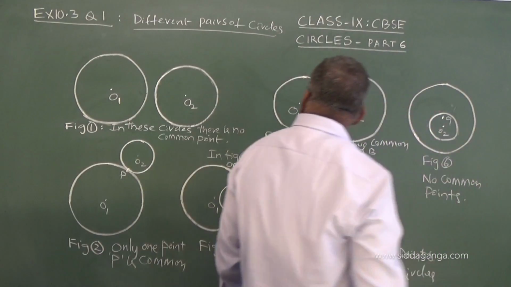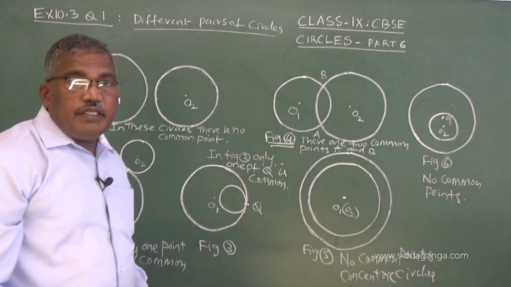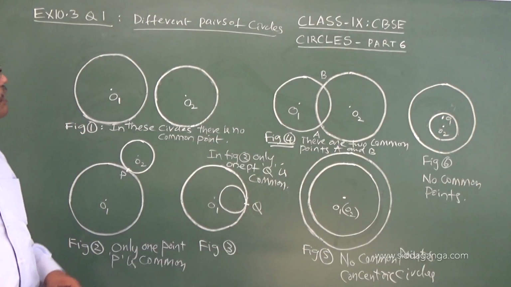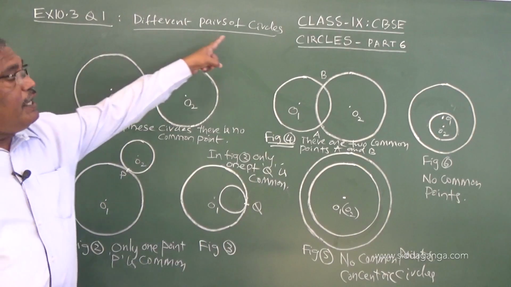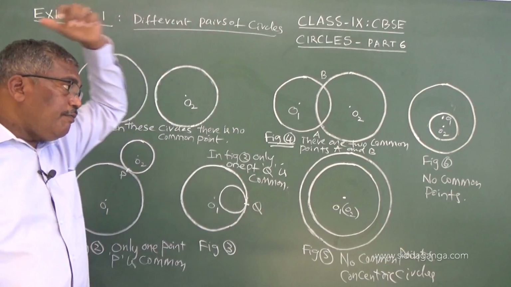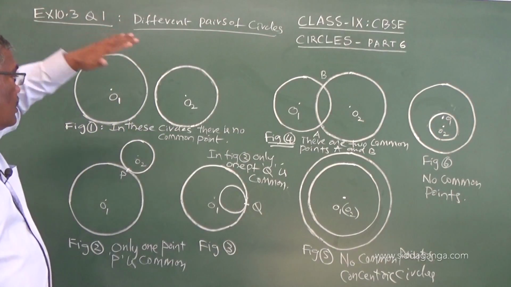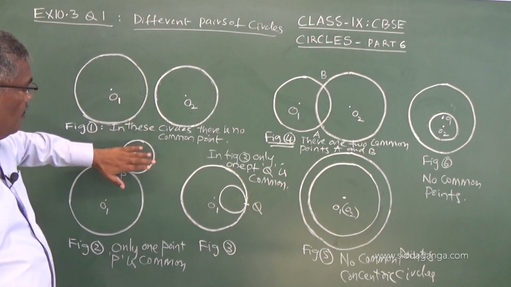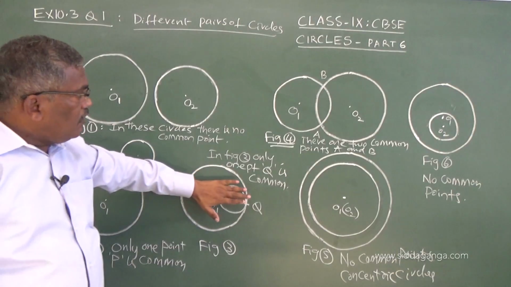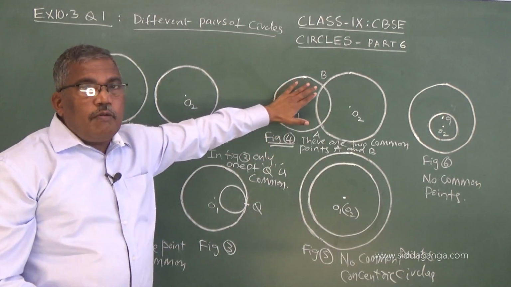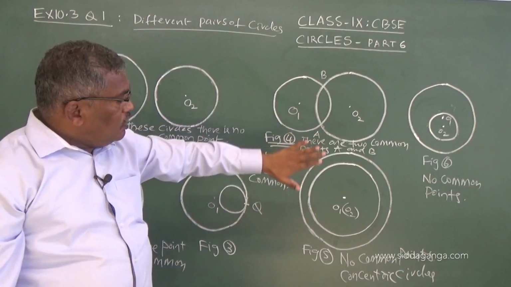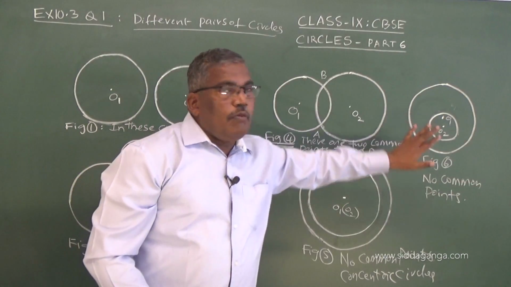So these are the different ways in which we can draw a pair of circles. In this case, no common point. We have one common point. We have one common point. We have two common points. No common point. No common point.